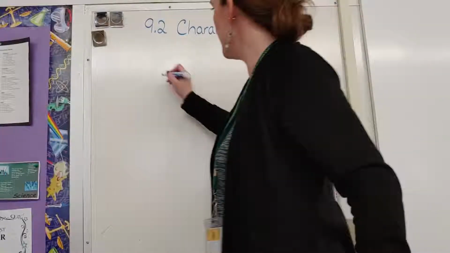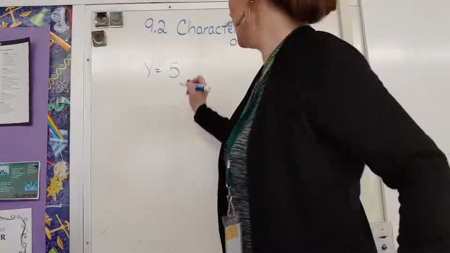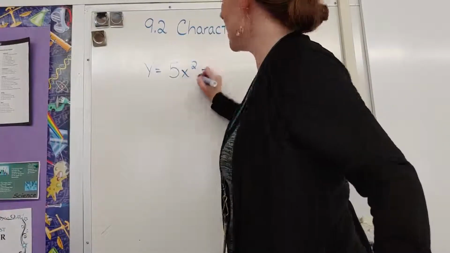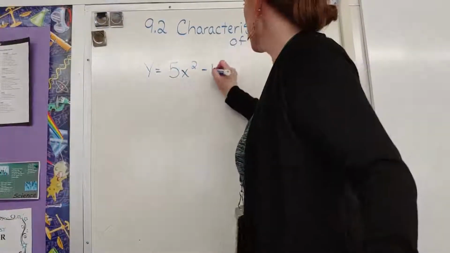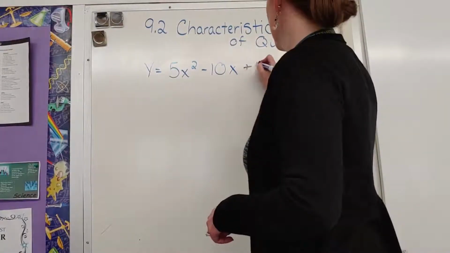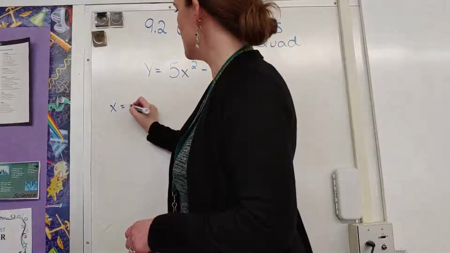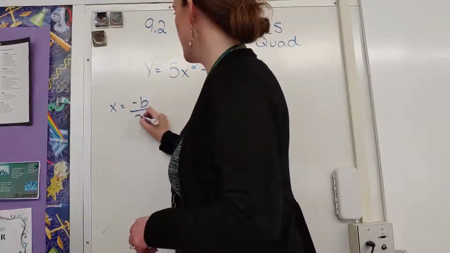So let's say I have y equals 5x squared minus 10x plus 3. And I'm going to use my formula, x equals negative b over 2a.